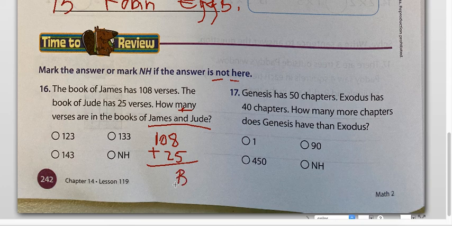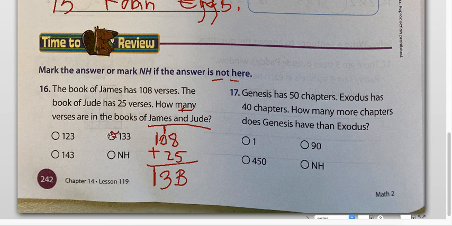You write 3 right there, and then we put it up here in a tens place value, and then we have 1 plus 0 equals 1, plus 2 equals 3. And then bring down 1. Do we have any number here to add with the 1? No, we don't. So let's just bring down 1. So 108 plus 25 equals 133. So where's the answer? It's right here, 133. Okay.